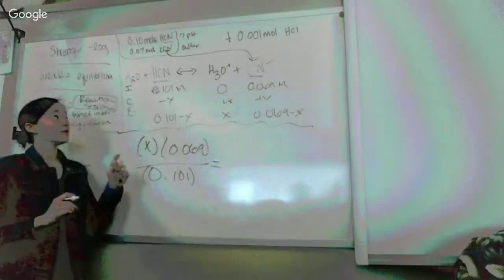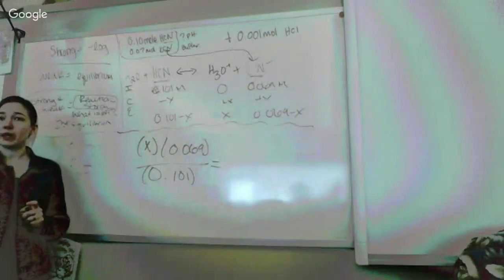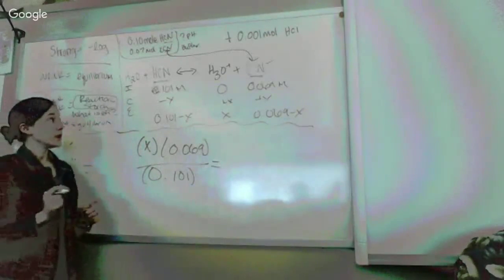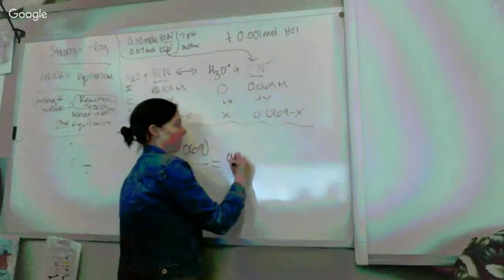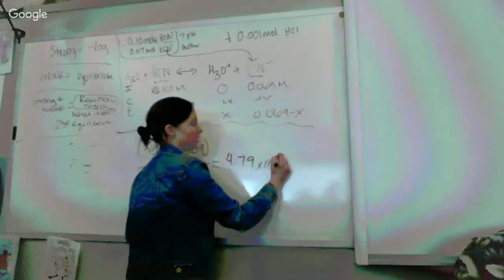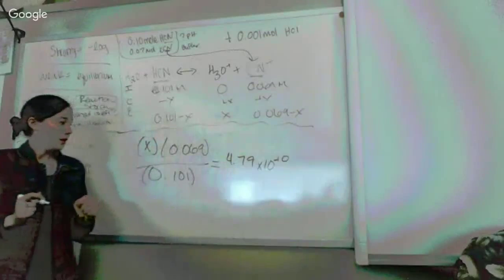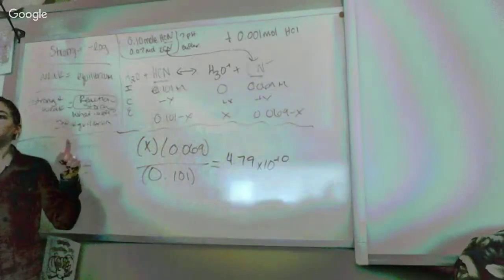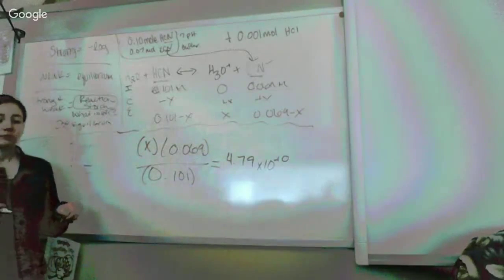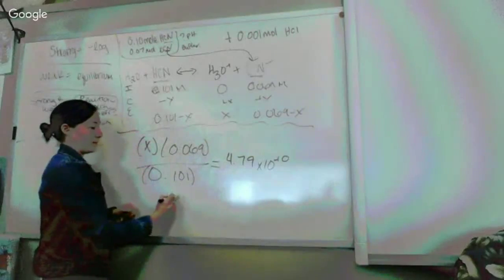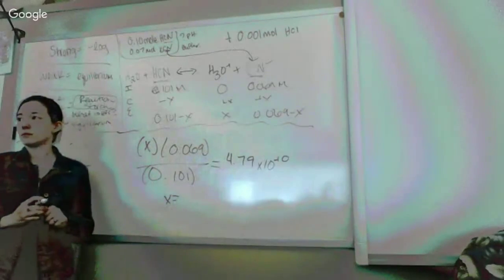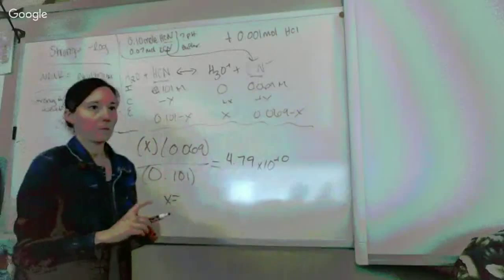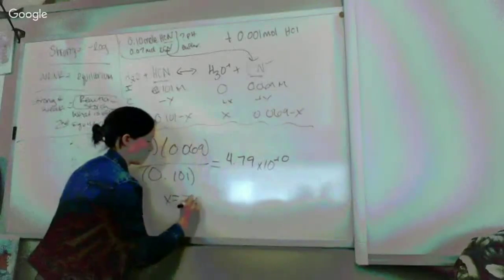Equals. And then can I use my Ka or do I need to switch to Kb? We can keep it at the Ka. So it was 4.79 times 10 to the negative 10. So we multiply, divide, and I'm going to get what? 7.01 times 10 to the negative.